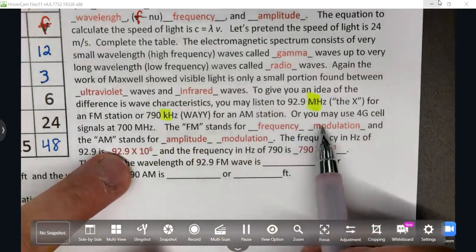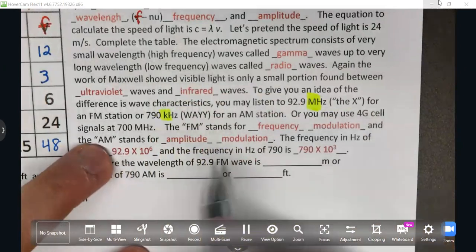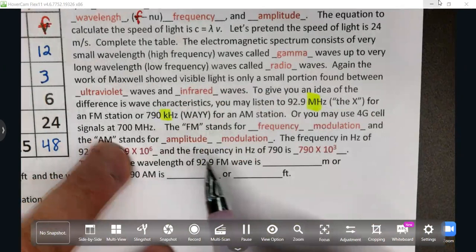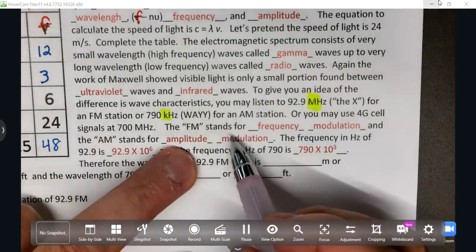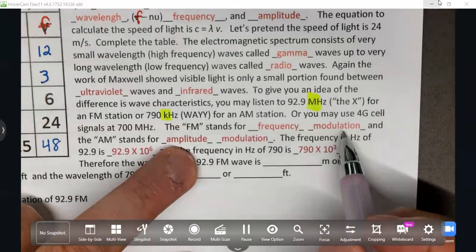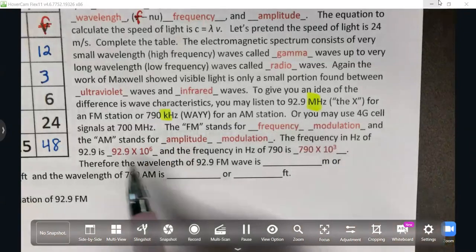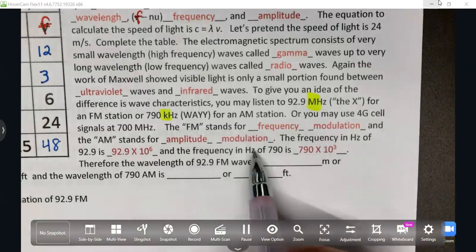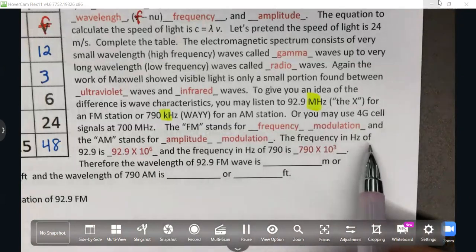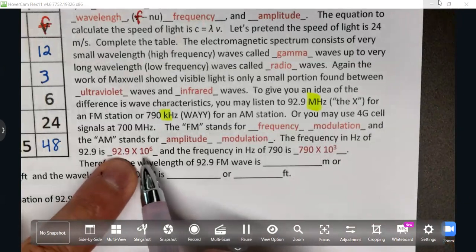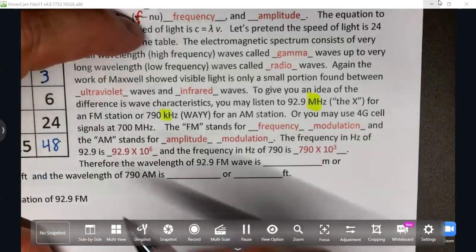That's an AM station. If you use 4G cell signals at 700 megahertz, you may use that. The FM on your dial stands for frequency modulation, and that is in megahertz. The AM stands for amplitude modulation. The frequency in hertz of 92.9 then is 92.9 times 10 to the 6th.